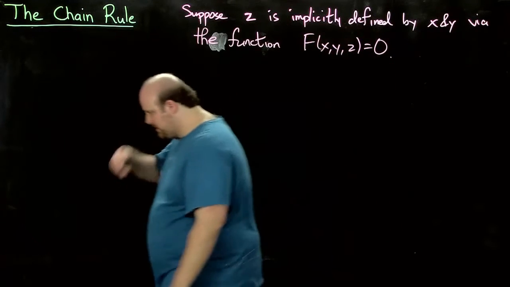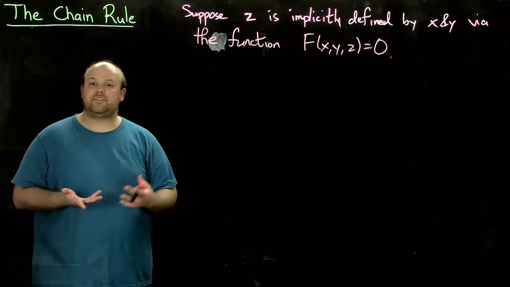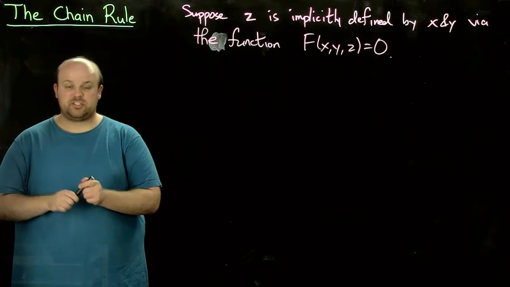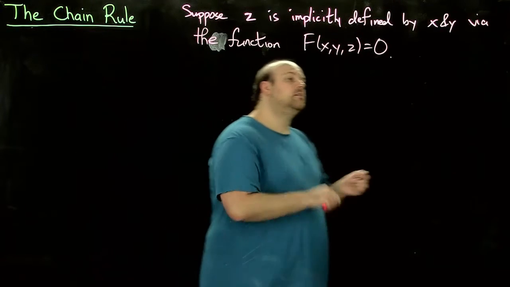What we want to do is find the partial derivatives of z with respect to x and y. Well, the chain rule can really help us do this without too much effort, actually.